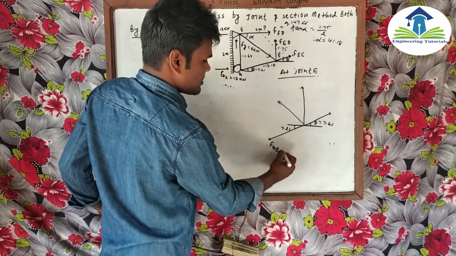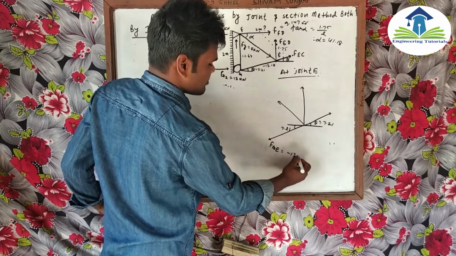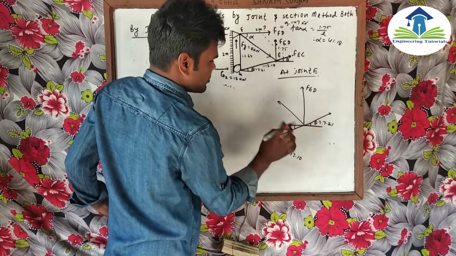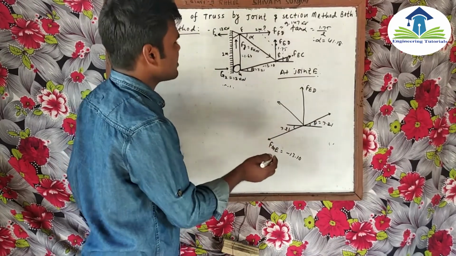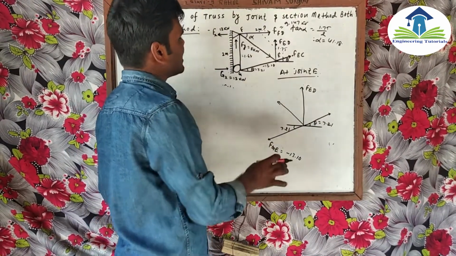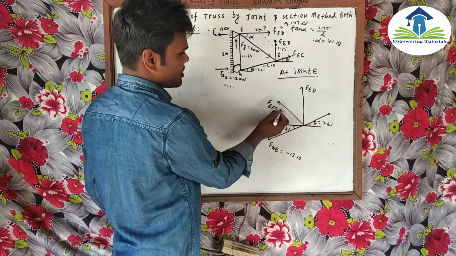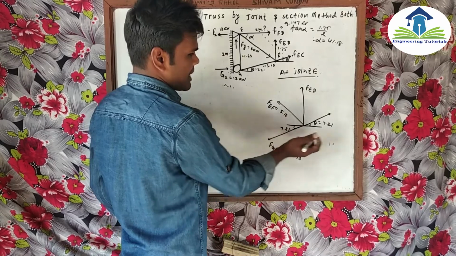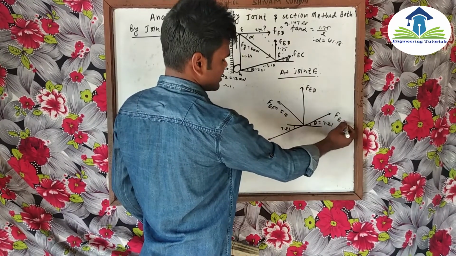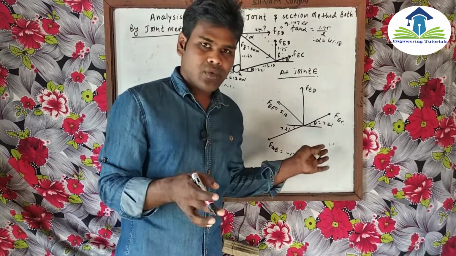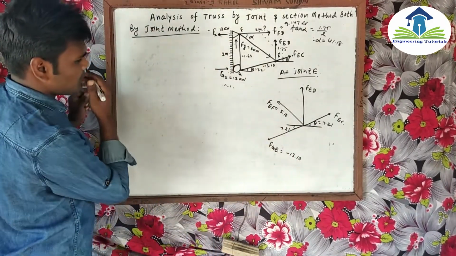The value of FGE we have calculated as minus 13.10, and the value of FED we have not calculated. FEF we have calculated, which is 5.0, and the value of FEC we have to calculate. You can also calculate the base value. Now let us do it quickly.